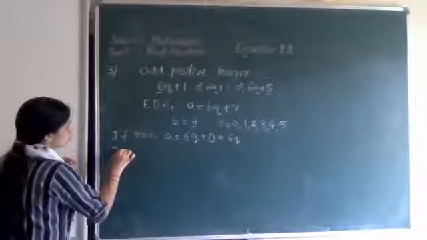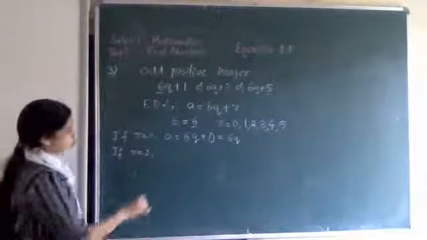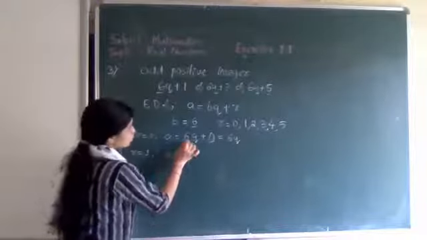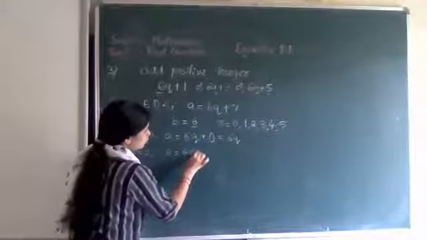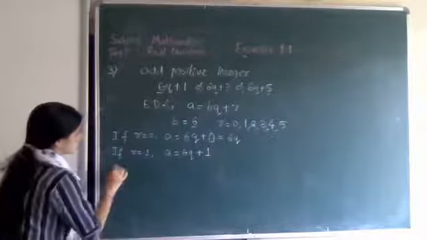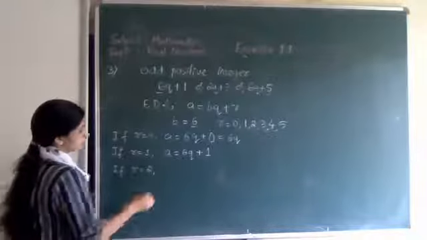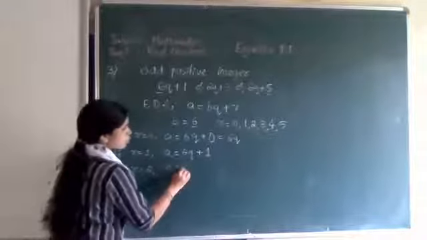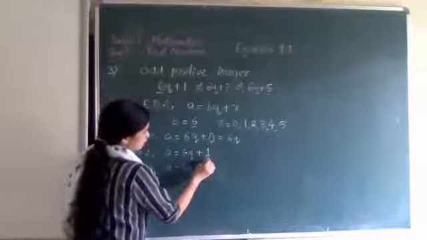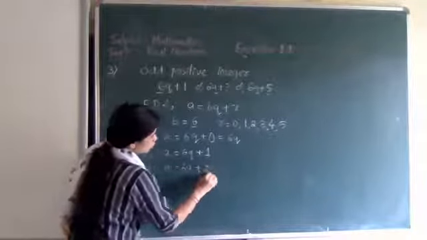If R is equal to 1, then A is equal to 6q plus 1. If R is equal to 2, A is equal to 6q plus 2.